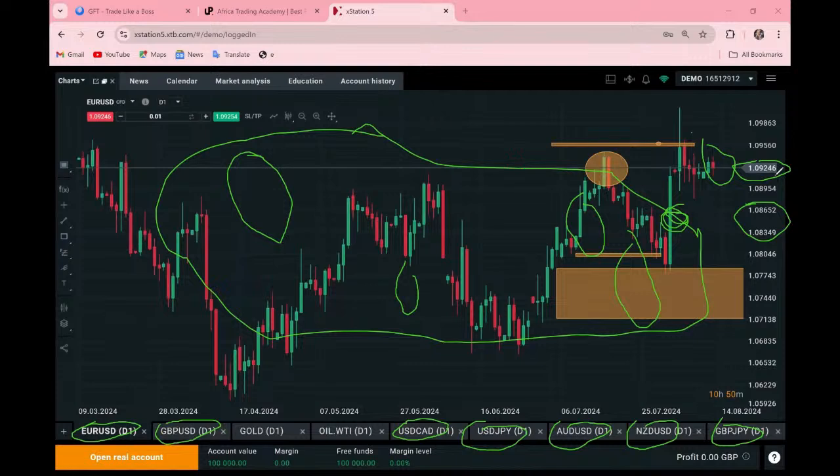So in global trading, you're trading this based on its value. Let's say you place a buy on it, and the price moved to 1.10, 1.11, 1.12.